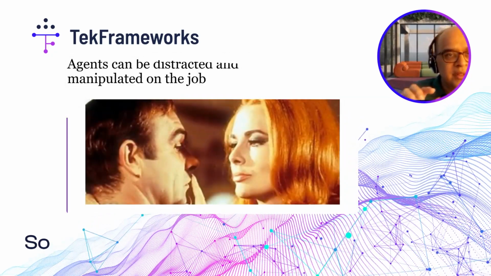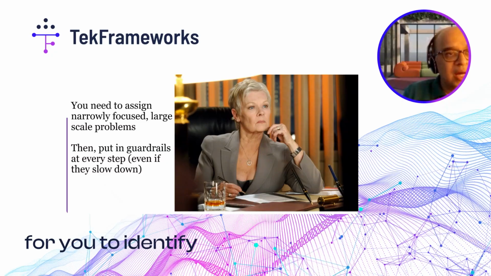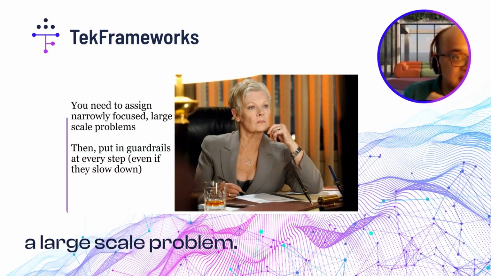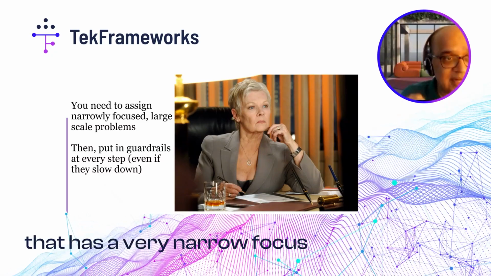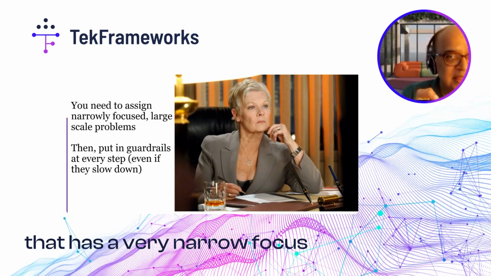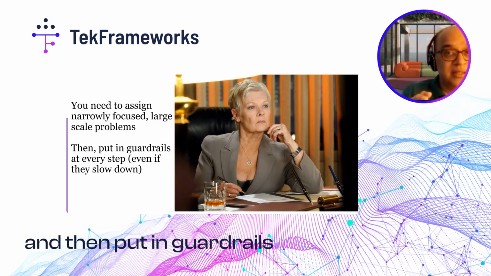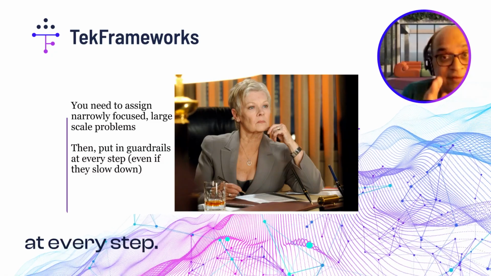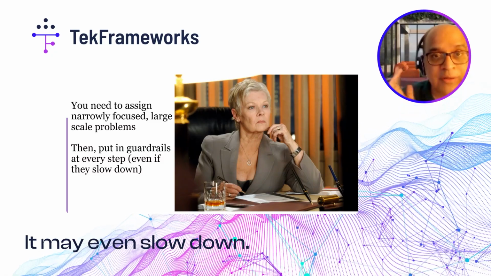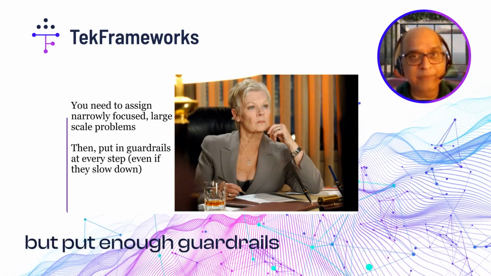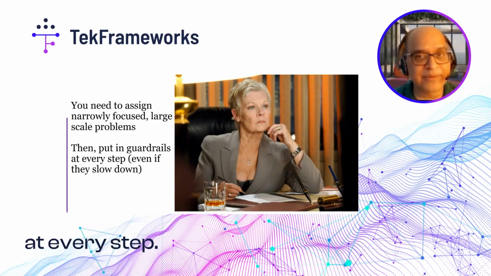So it is important for you to identify a large scale problem that has a very narrow focus, and then put in guardrails at every step. It may even slow down the operation, doesn't matter, but put enough guardrails at every step.